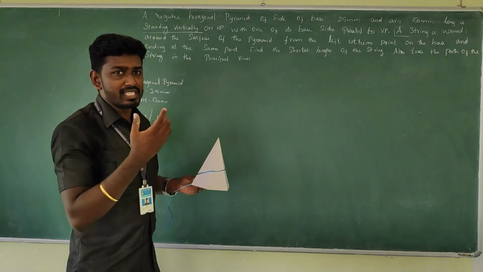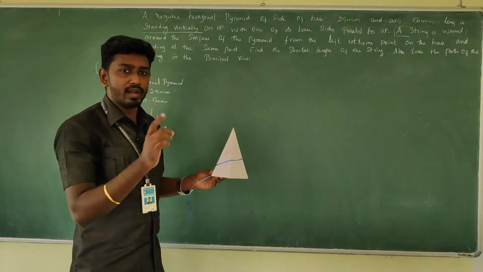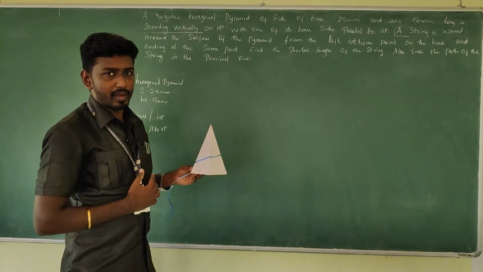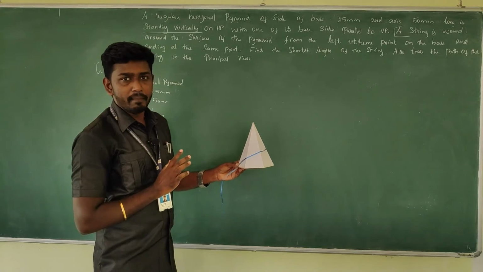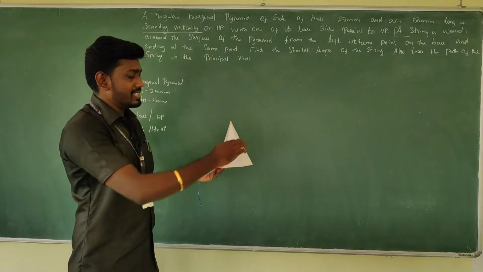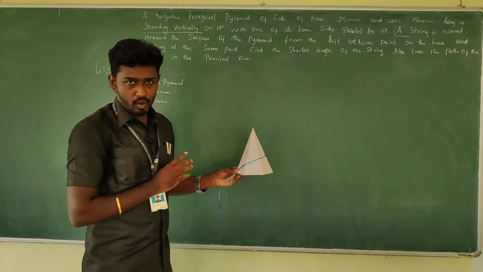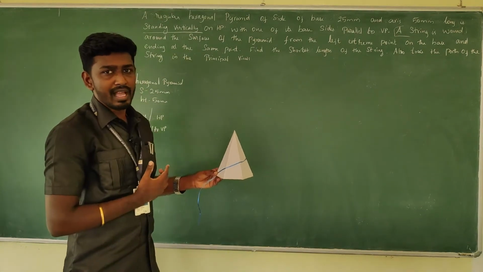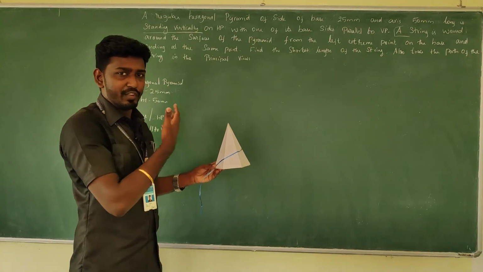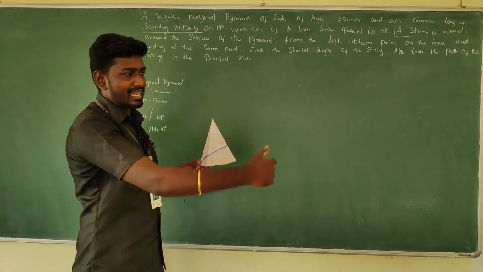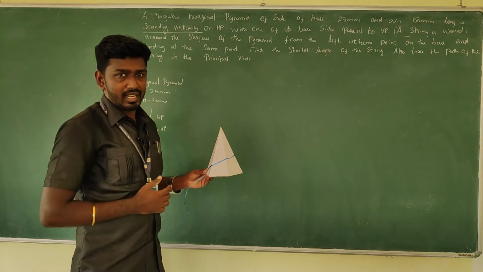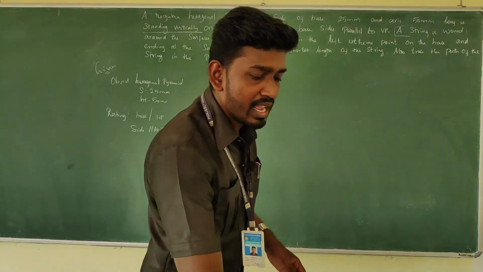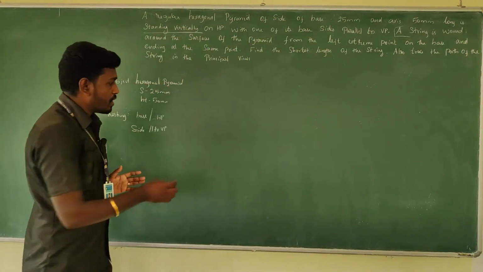What would be the shortest length of the string to wind around, as asked in the question? We need to find it. So this is how the object is kept and this is the condition, and this is how the string is wound around. Exactly for the shortest distance, we need to identify the front view, top view, and the lateral surface. Let me see how the traces happen and in which procedure we are going to proceed.